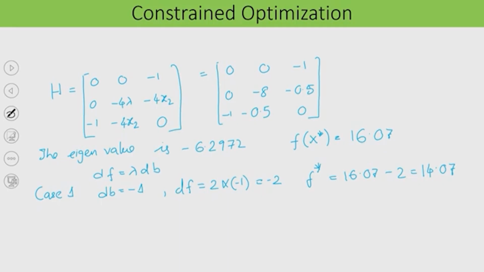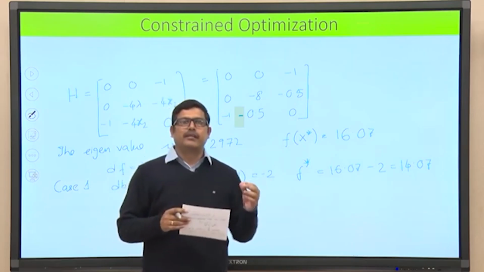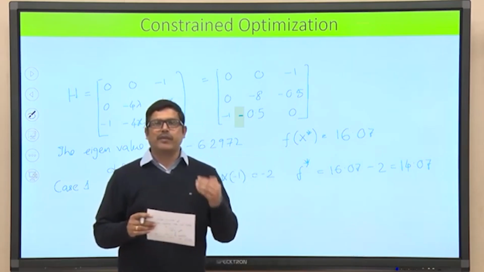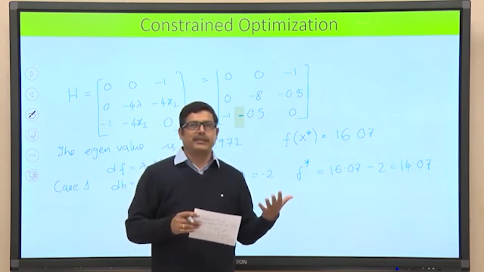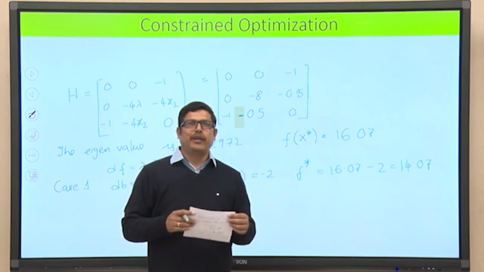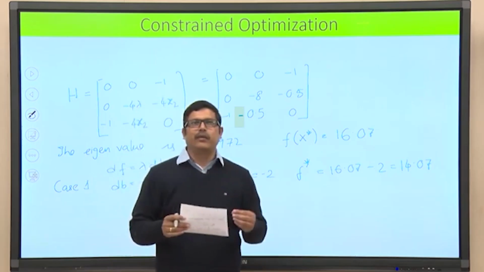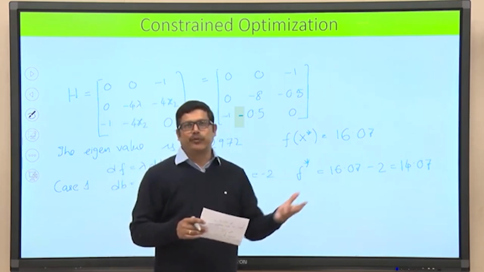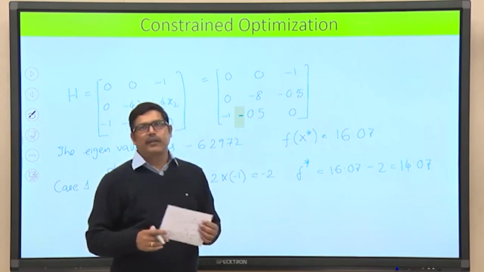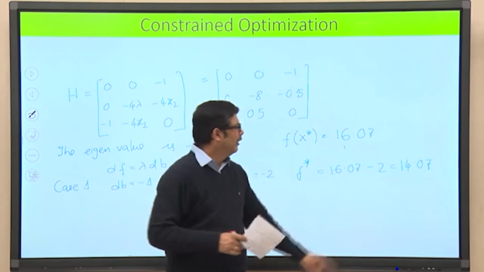What does it mean? If you tighten that one, in this case lambda is positive, and the problem is a maximization problem. So, if we tighten the constraint by 1 unit, then the corresponding change in the objective function will be 2 units. So, we are getting the new objective function value which is lower than that one, and now it is 14.07.